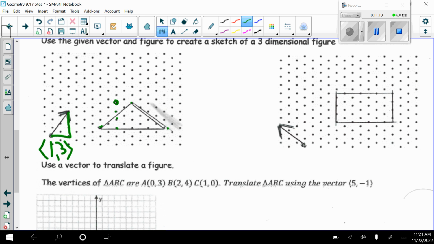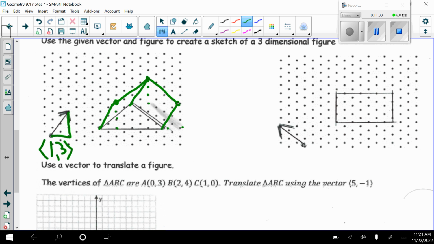There's my new point. From this point, over 1, up 3. From this point, over 1, up 3. And now I'm going to connect. So this one gets connected there. Connect this, and connect this, and then I can connect those. And I've created a three-dimensional figure.